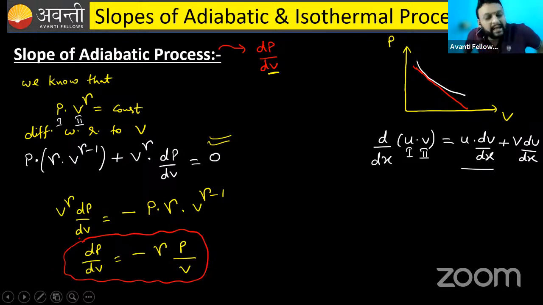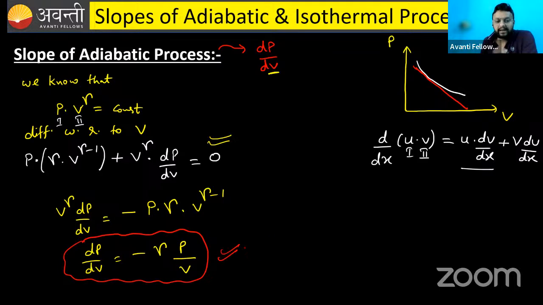adiabatic process. The question that actually comes in your mind is the question related to the slopes of adiabatic and isothermal process. They ask the relative slope of the adiabatic and isothermal process, and that's a very common question for CBSE exam. So this is the slope of adiabatic process.